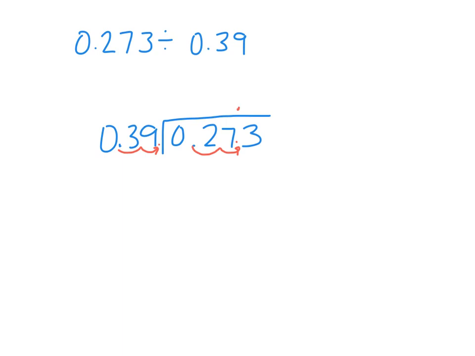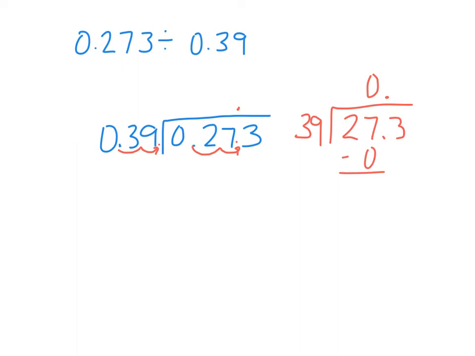If it helps you to rewrite it from this point, I always like to rewrite it. But now I have 27 and 3/10 divided by 39. I keep my decimal up there. And now I can just divide how I normally would. 39 goes into 27, 0 times.